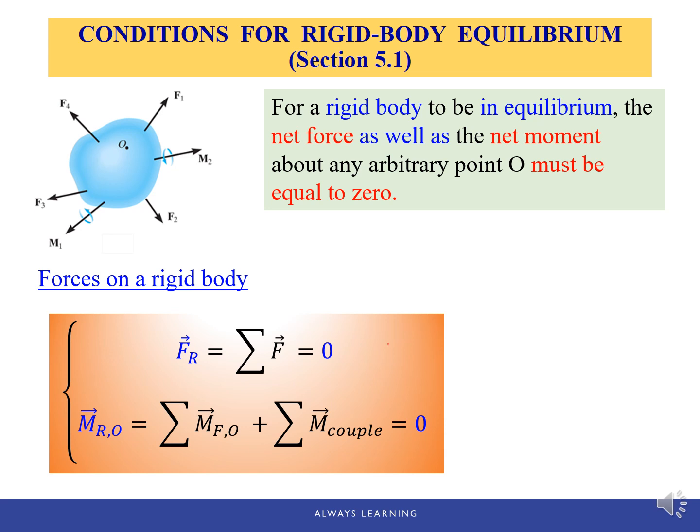For the second equation, we choose any point in space as a reference point to calculate the moment about that point, including the moment caused by all the forces and the couple moment. Thus, the sum of the moments should be 0 for the rigid body to have no rotation.